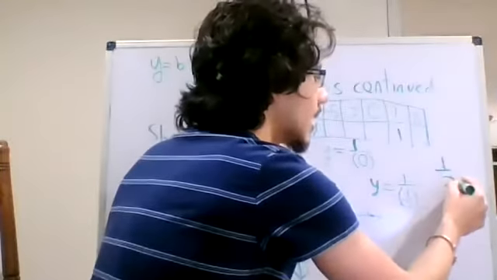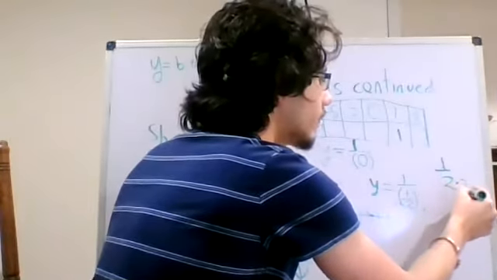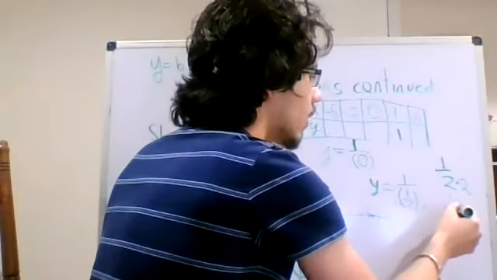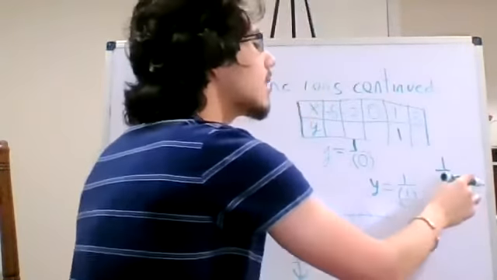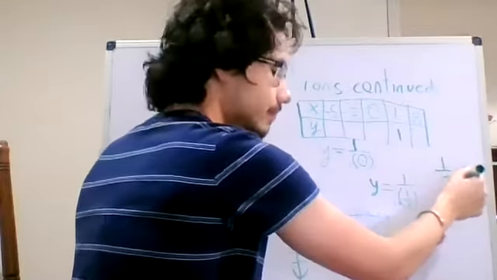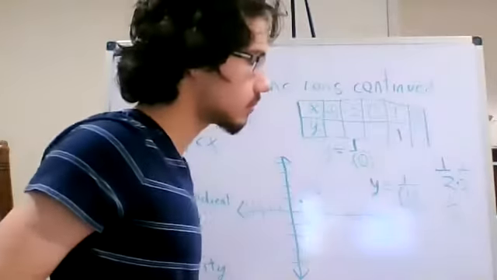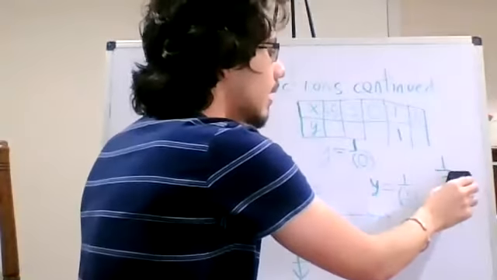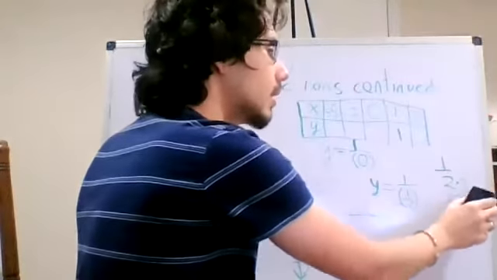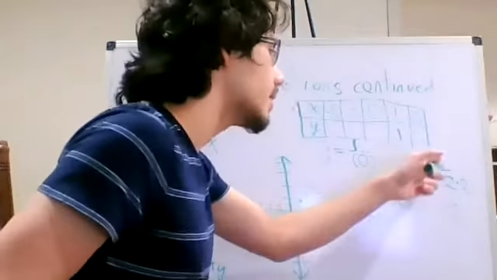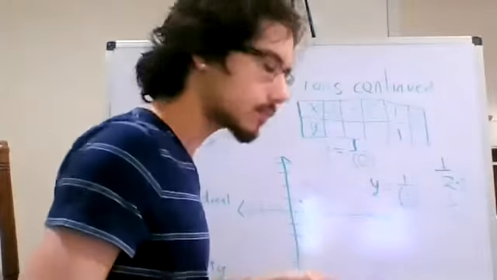So if we multiply the denominator by 2, so 2 times 2, it becomes 1 over 4, because we multiplied it essentially by 1/2. If we multiply the denominator by 2, it becomes half of what it originally was, 1/2.